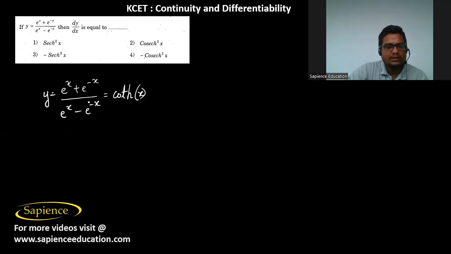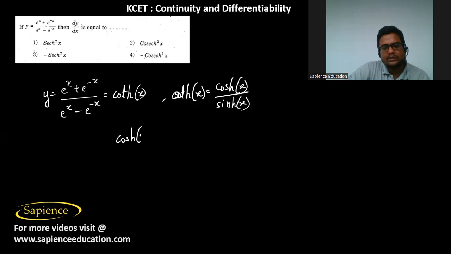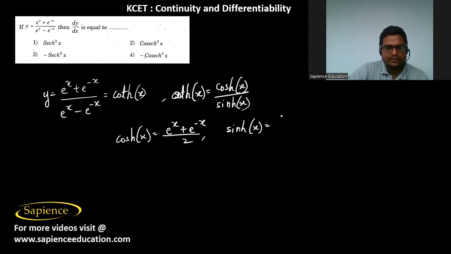So we know that cot hyperbolic x is equal to cos hyperbolic x divided by sine hyperbolic x. Cos hyperbolic x is equal to e power x plus e power minus x divided by 2, and sine hyperbolic x is equal to e power x minus e power minus x divided by 2.